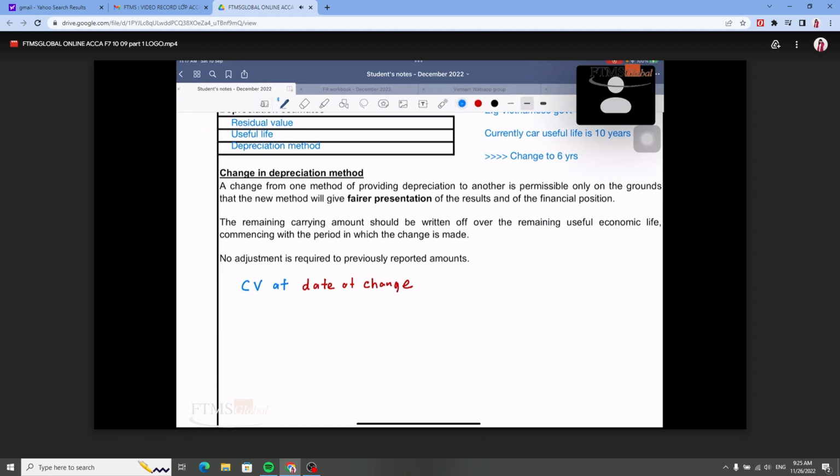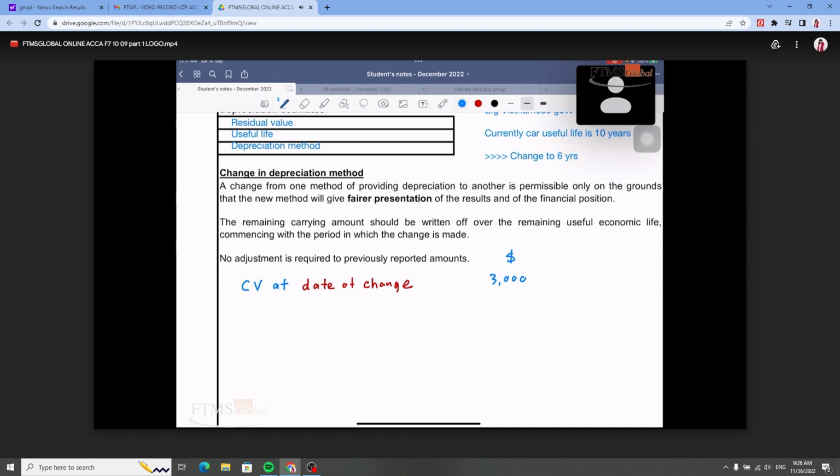Say for example, this number is maybe 3,000. Calculate the carrying value at the date of change. They will tell you the effective date of the change. So calculate the carrying value all the way until the date of change.